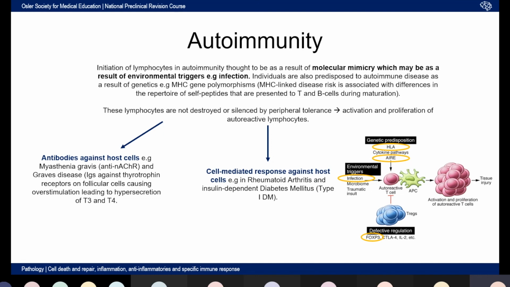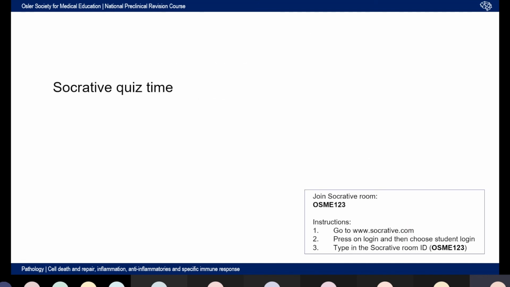One is make antibodies, like in myasthenia gravis and Graves' disease, or it can be what I talked about with rheumatoid arthritis, where it's cell mediated, because B and T cells will do cell mediated responses, and can also lead to insulin dependent diabetes mellitus, which is type 1 diabetes. That was essentially a big overview of immunity.